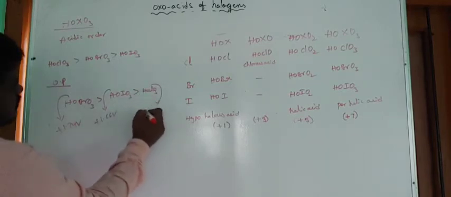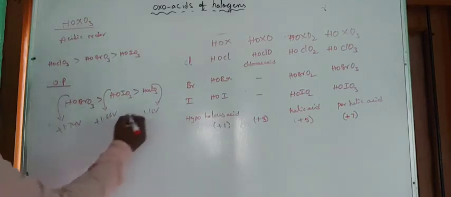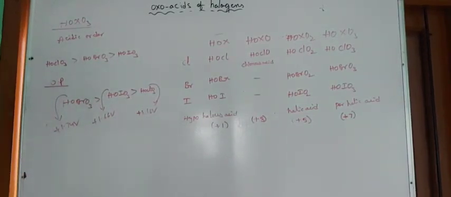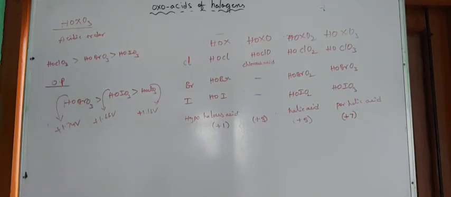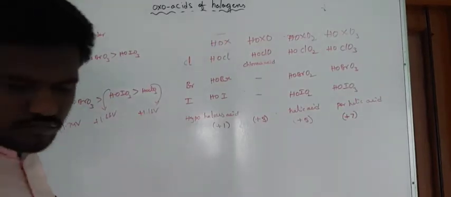This one has just 1.16 volts electrode potential value. So already I told you, as electrode potential value increases, its oxidizing power also increases, right?